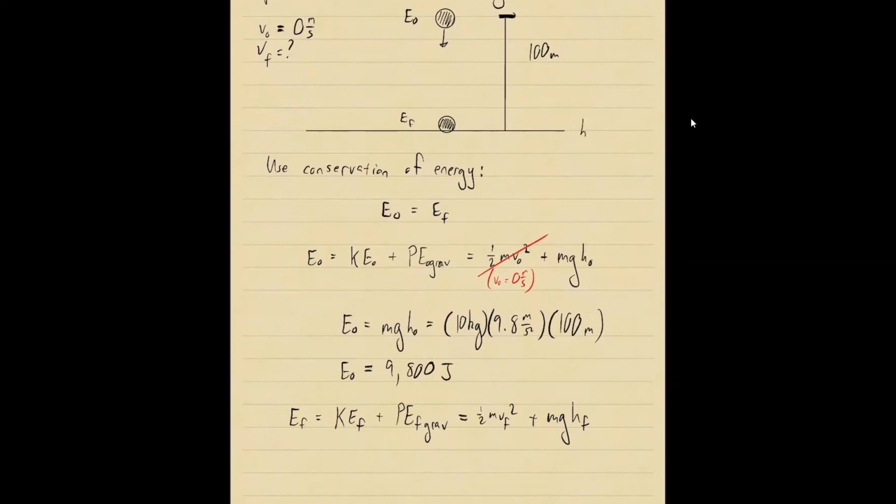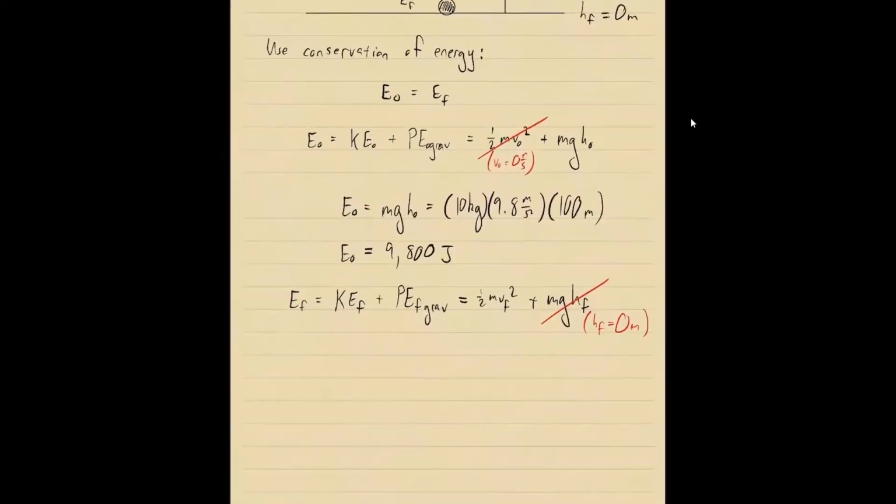But I'm going to say that h f, our final height, is when we hit the ground, which I'm calling 0. So our gravitational potential energy in this case is going to be 0, because h f is 0. So our final energy is entirely kinetic energy. So it's just 1/2 m v final squared, right?